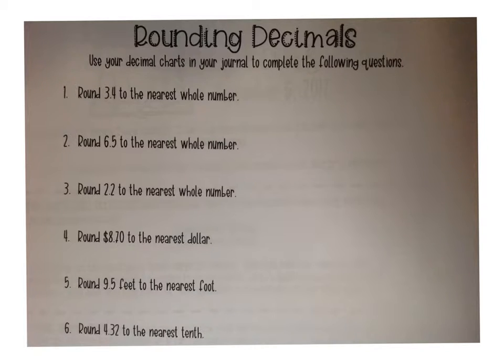So if you'll look at number 1, it says round 3 4/10 to the nearest whole number. So what I would like for you to do is write down 3 4/10, and we're going to round to the nearest whole number. That means the ones place. So what if I was going to round 3 4/10 to the lower number, what would it round to?